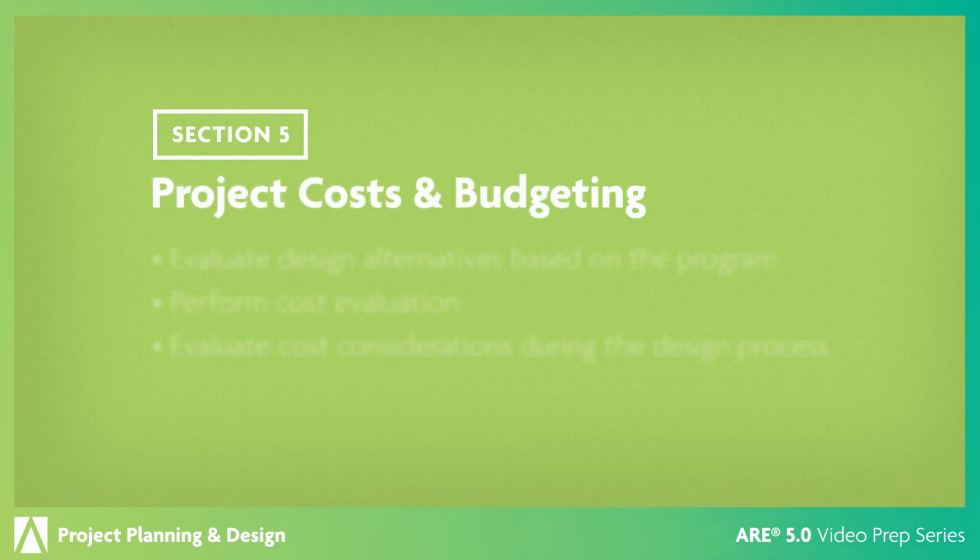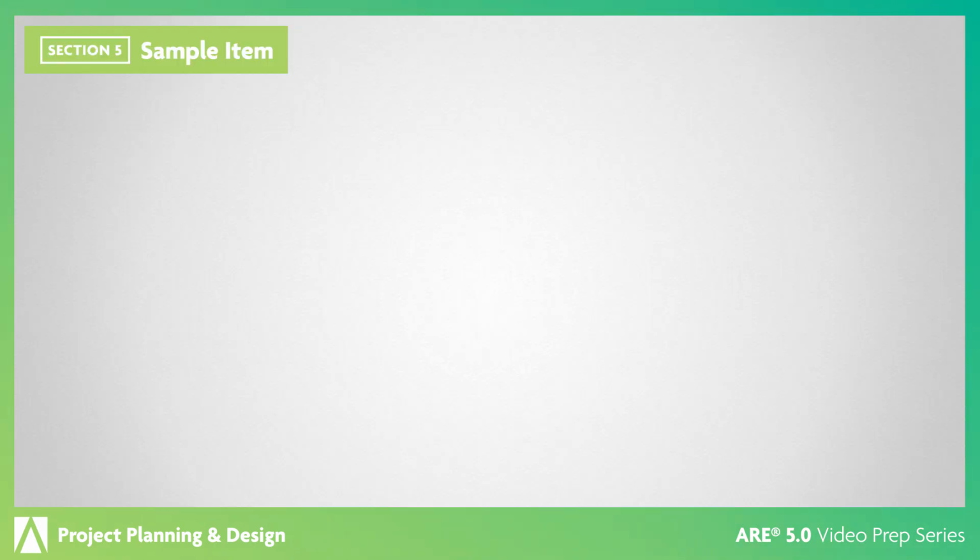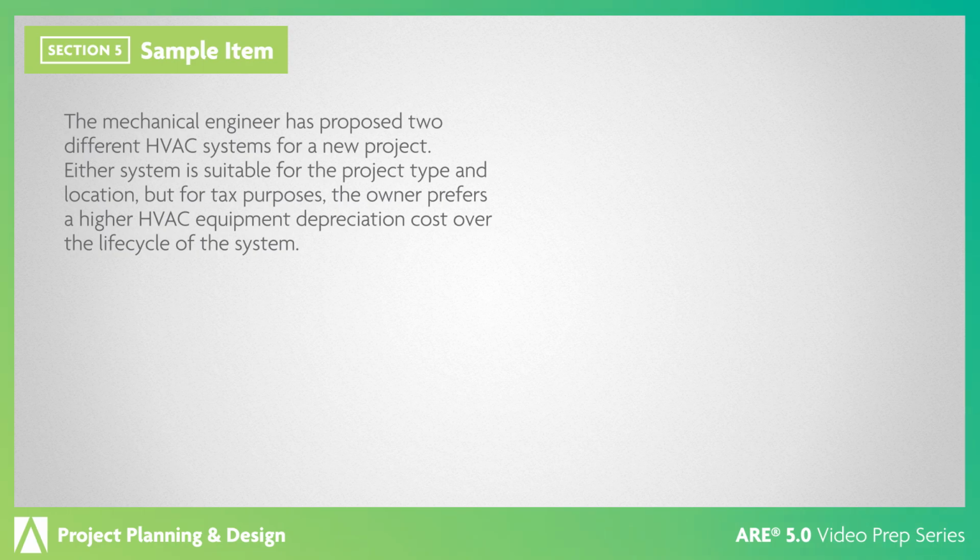In this last section, you'll consider the bottom line, asking the question, how much does this project cost? Let's look at a sample question. The mechanical engineer has proposed 2 different HVAC systems for a new project. Either system is suitable for the project type and location, but for tax purposes, the owner prefers a higher HVAC equipment depreciation cost over the life cycle of the system.